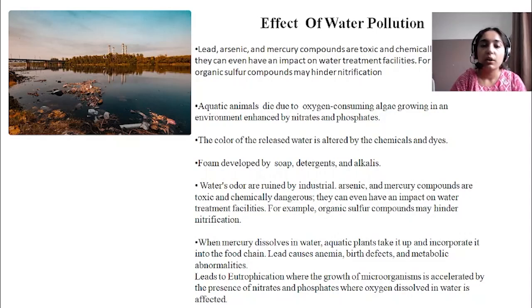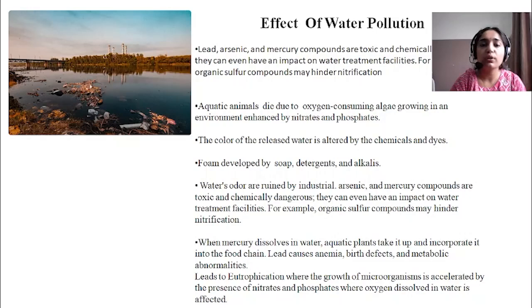Next, water's odor is ruined by industries. Arsenic and mercury compounds are toxic and chemically dangerous. They can even have an impact on water treatment facilities. For example, organic sulfur compounds may hinder nitrification.